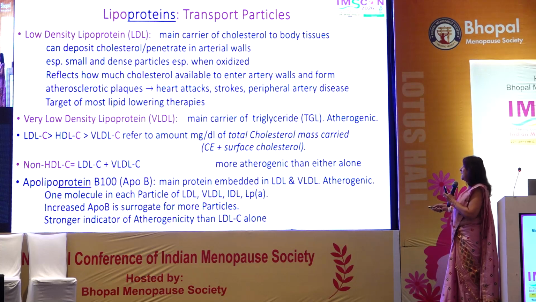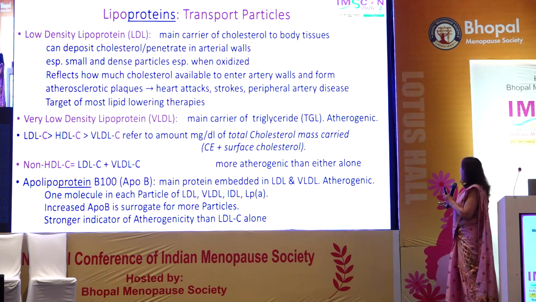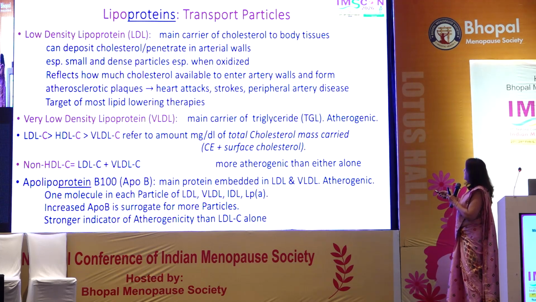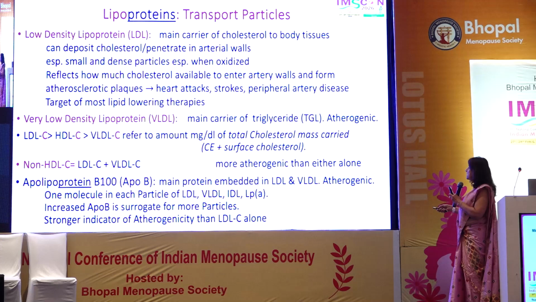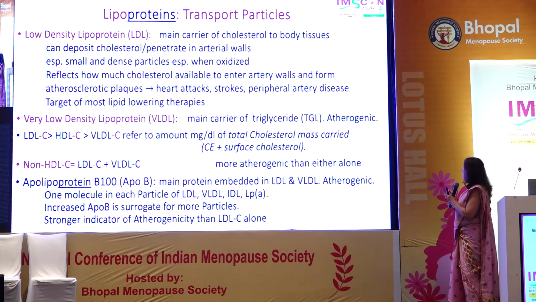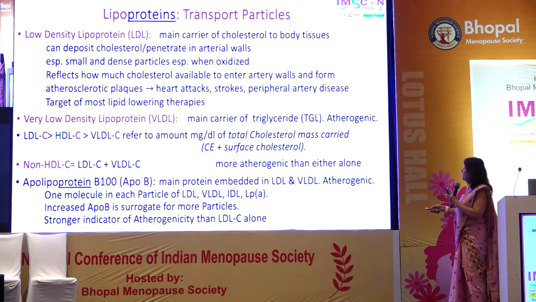Then you have the VLDL. This is the main carrier of triglycerides. This is also atherogenic. So you see the difference between LDL and VLDL. Now, the minute you add C to this, C refers to LDL-C, HDL-C, etc. The C refers to the total cholesterol mass which is carried in that particular particle, which means the cholesterol esters in the core and the surface cholesterol.